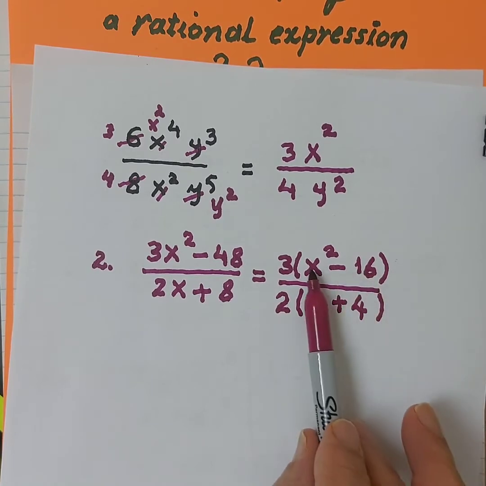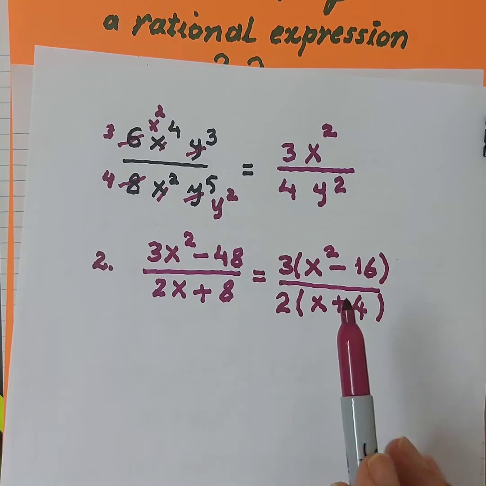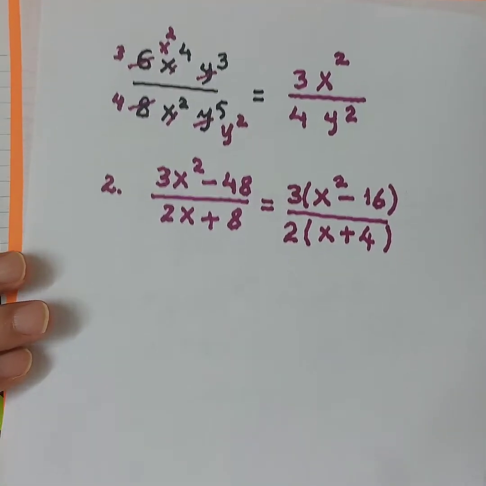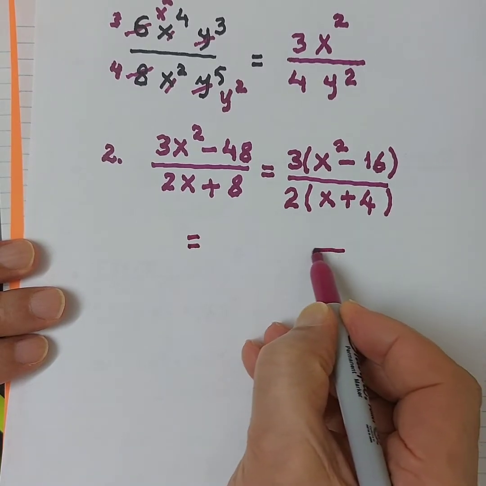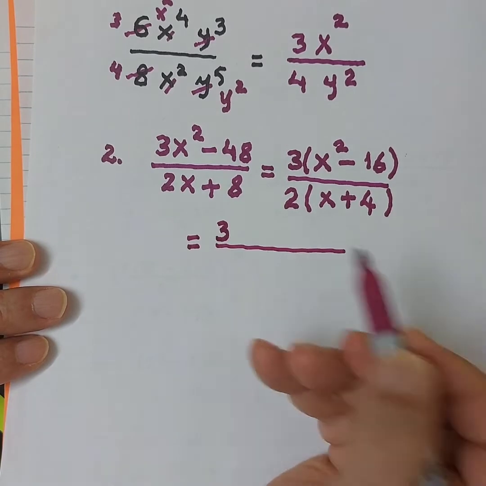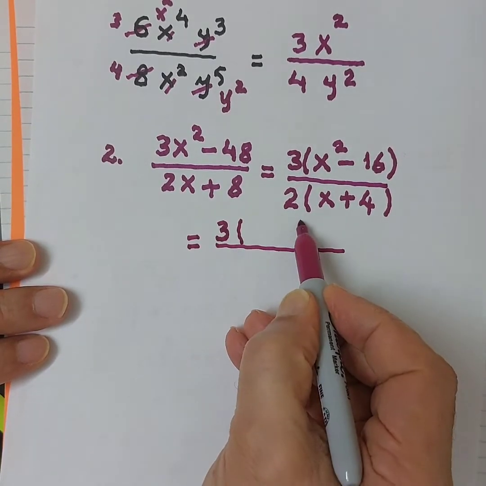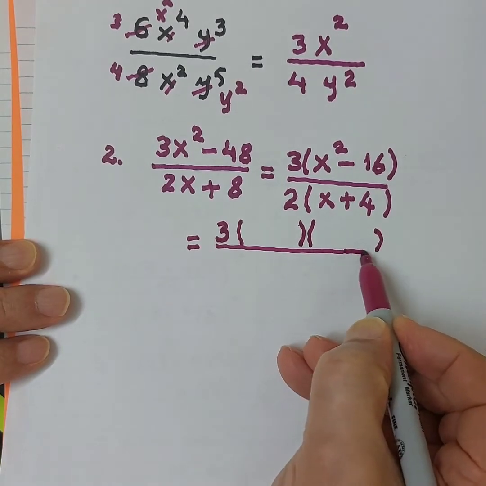We can make factoring. By making factoring here, what will we get? The line of fraction, 3 is written here, and we make factoring for the squares.